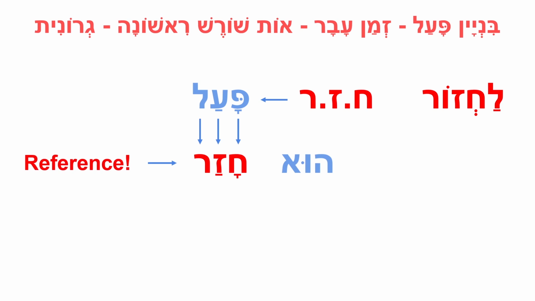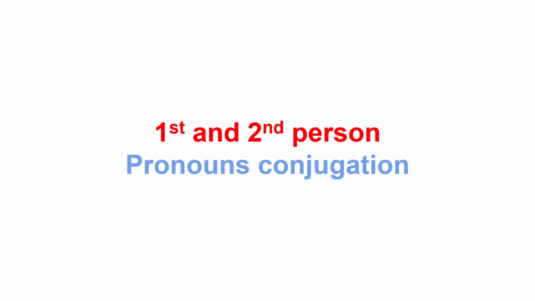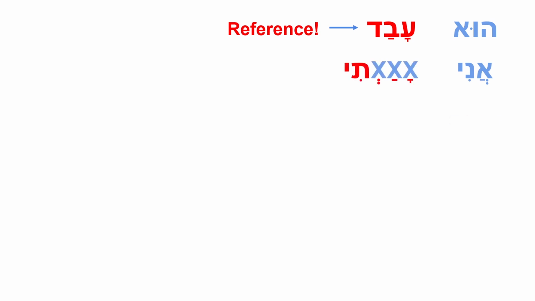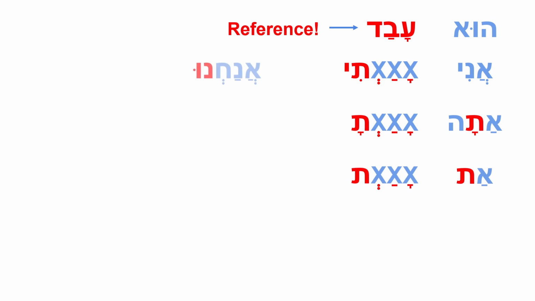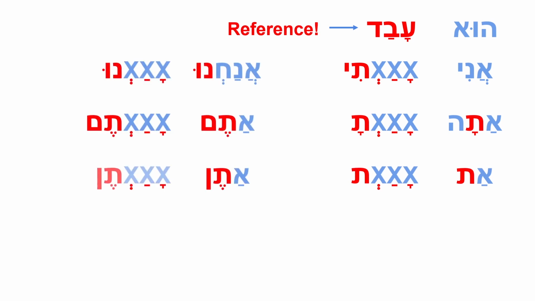Excellent, so far we found the reference point. Let's talk about first and second person pronouns conjugation. Let's start with the verb la'avod, the verb to work. Hu avad, he worked, and this is the reference point. And let's start revealing the conjugation pattern for first and second person personal pronouns. Ani always will end with ti, ata always ends with ta, at ends with tu, anachnu ends with nu, atem ends with tem, aten ends with ten.